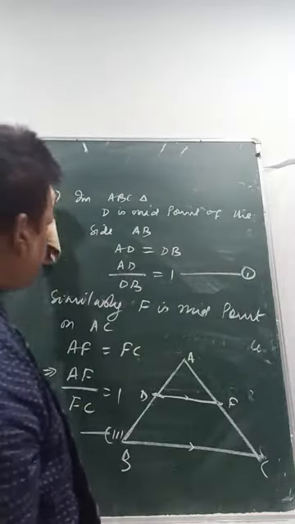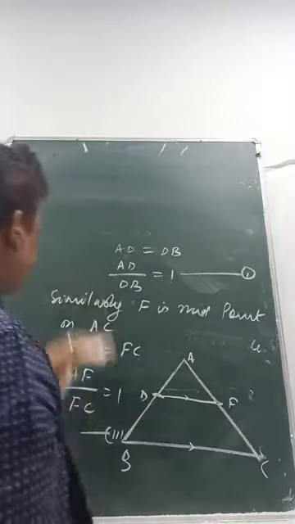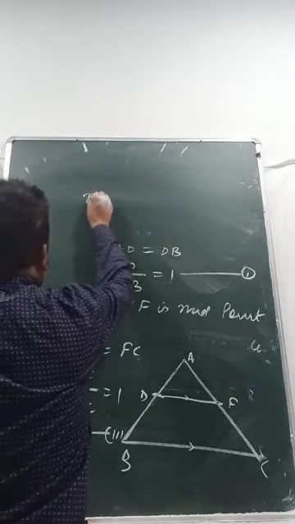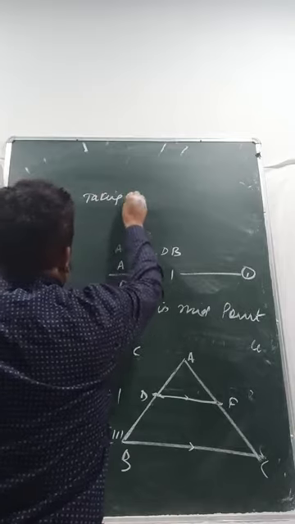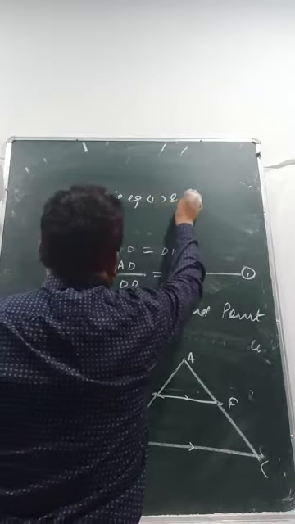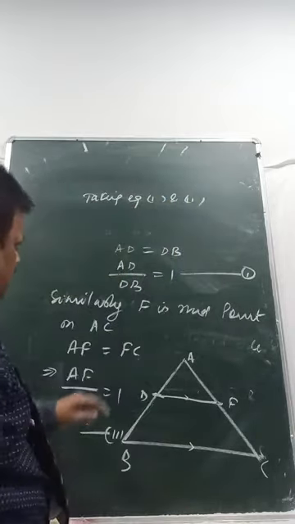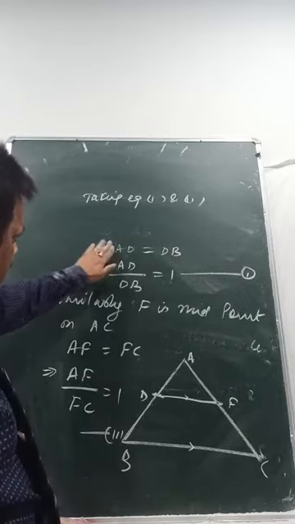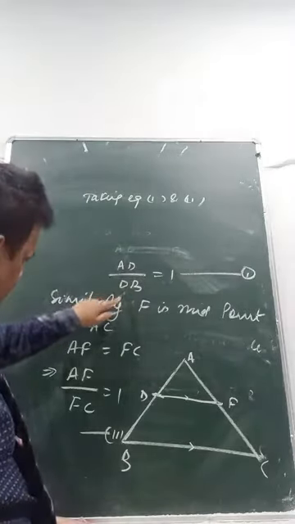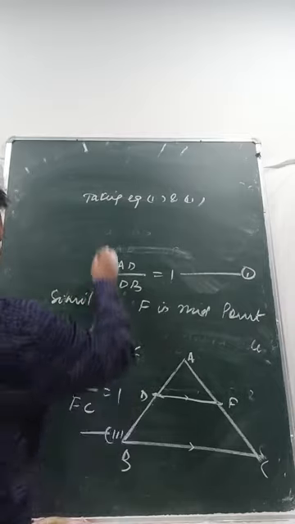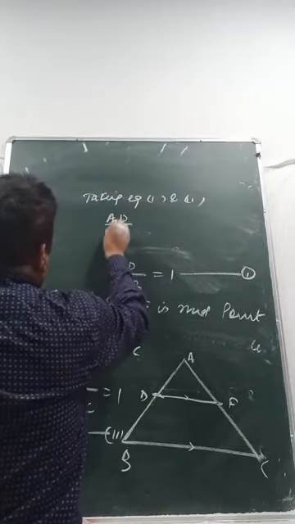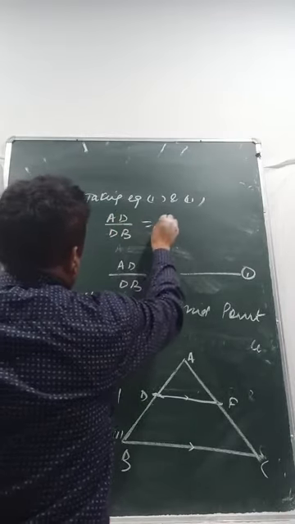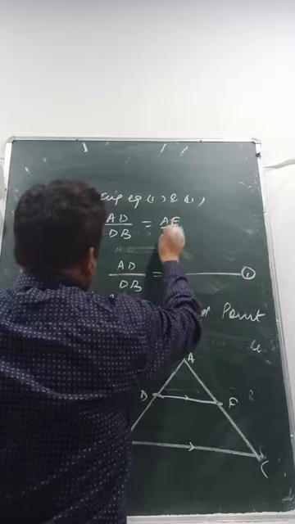So, taking equation number 1 and 2, what do you get? AD by DB equals AF by FC.